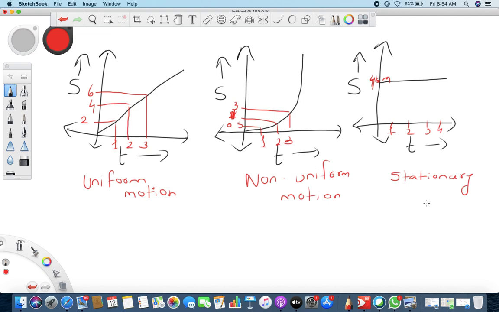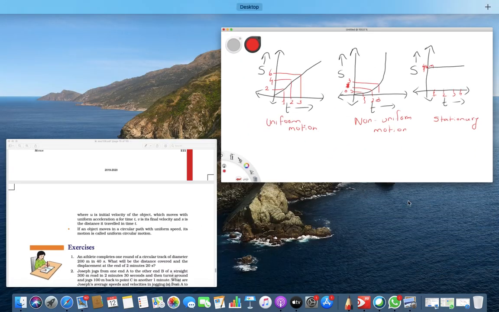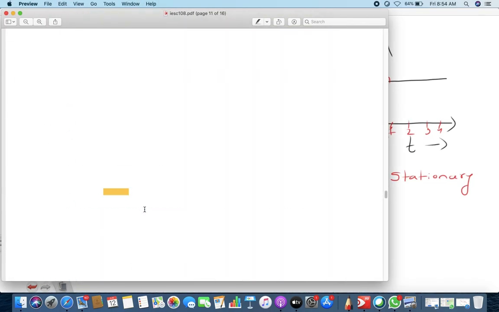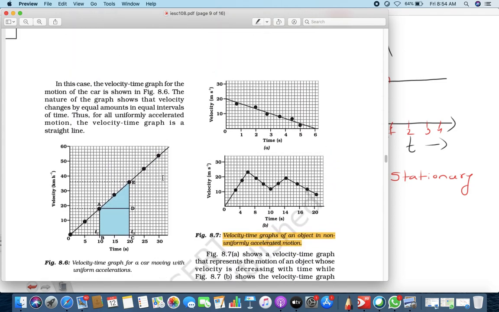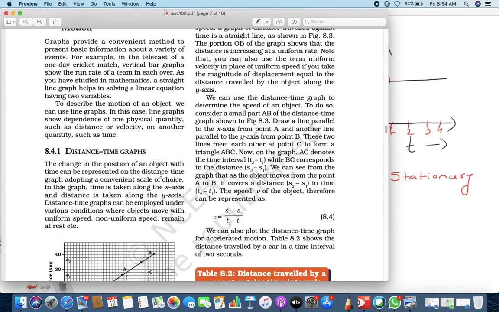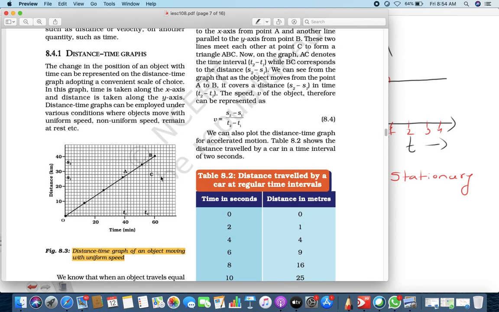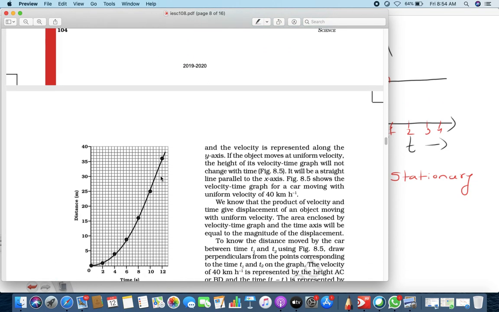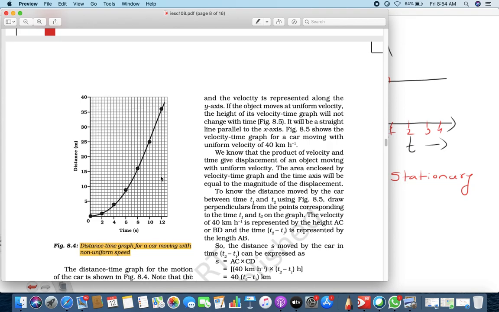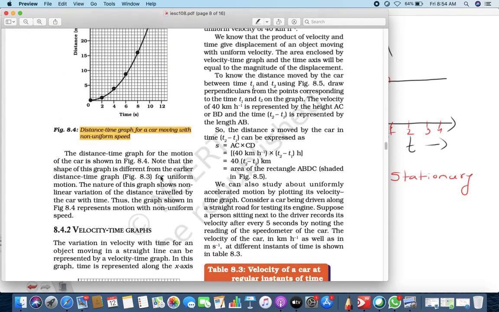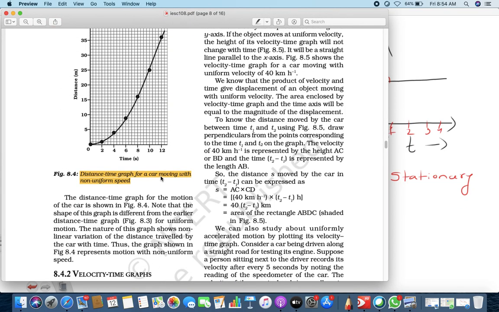Let me show you again in our textbook. Our textbook shows the same thing. See, distance versus time graph. The first one is uniform motion, the second graph is non-uniform motion, and the third one, which they have not shown but I showed you, is stationary.